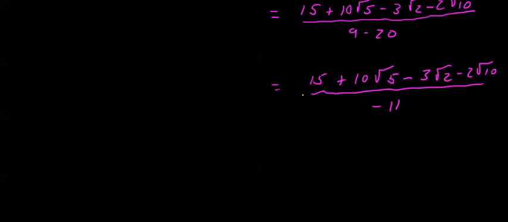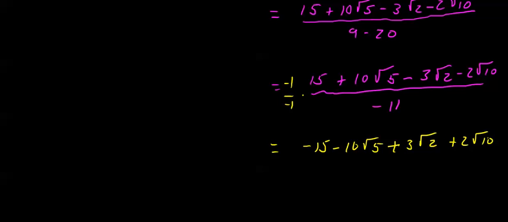So we multiply top and bottom by negative 1. And all that does is change all our signs. Negative 15 minus 10 radical 5 plus 3 radical 2 plus 2 radical 10 all over 11. And that's it.